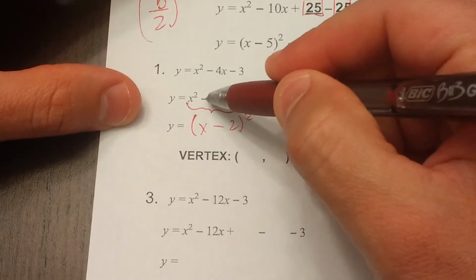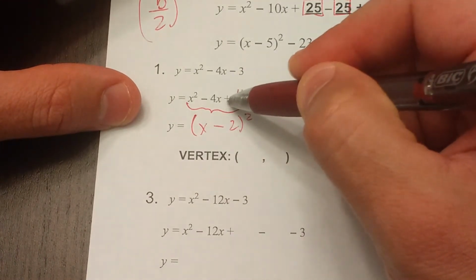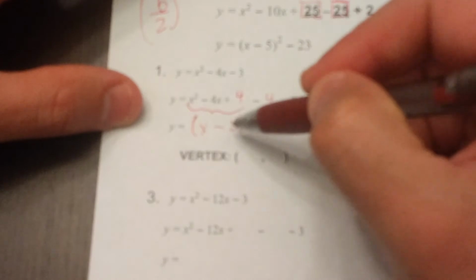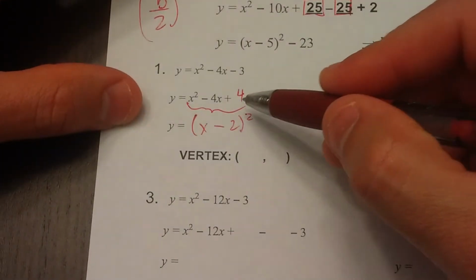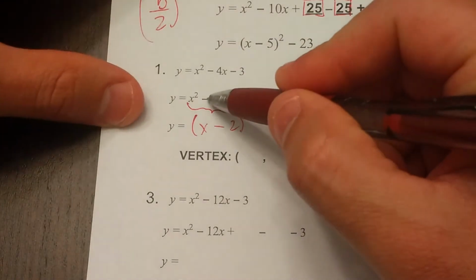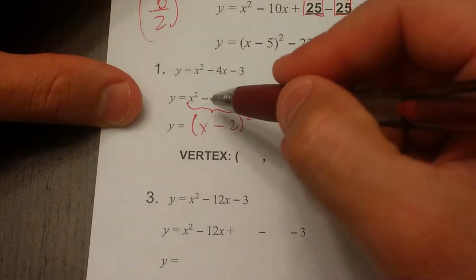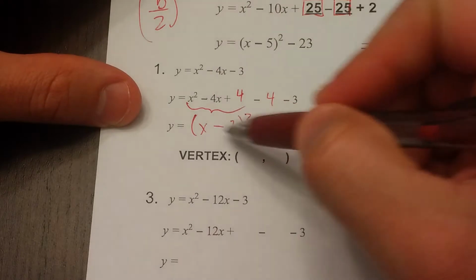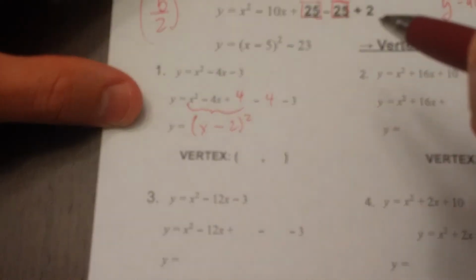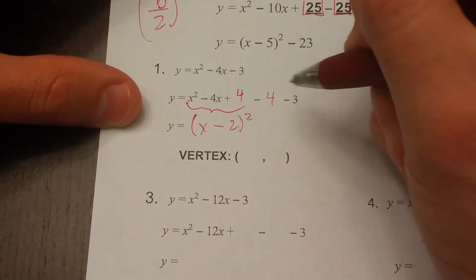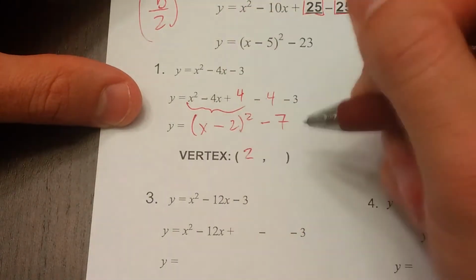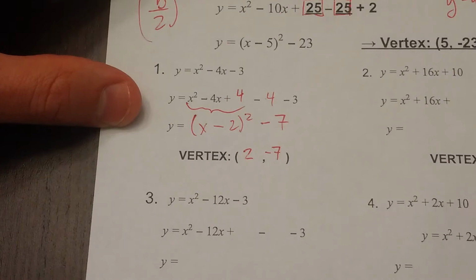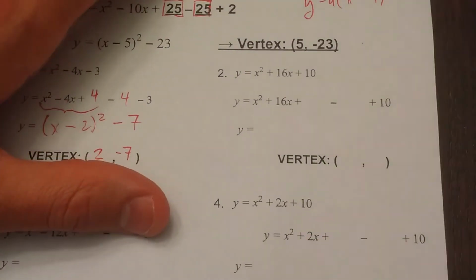Well, it's always going to be the same as this sign, right? This number is always plus, because when you multiply a number times itself, whether it's positive or negative, it ends up becoming positive, so it's plus. But this number has an effect on what you write here. It's always the same sign, because these have to add up to get that subtract 4. So minus 4 minus 3, that becomes minus 7, and from there we get the vertex at positive 2, negative 7. Okay, moving on to the next example.